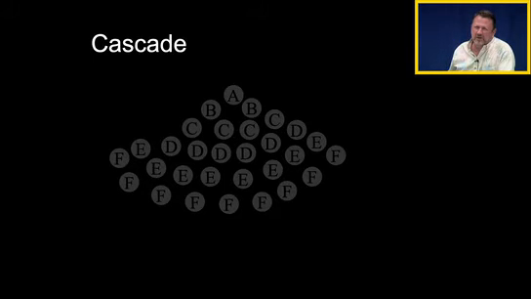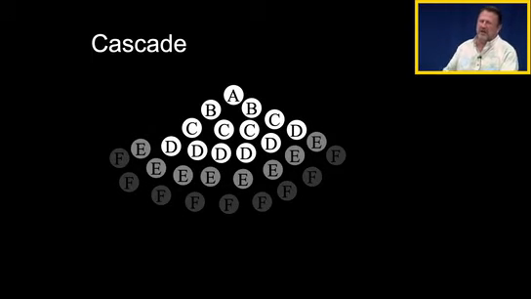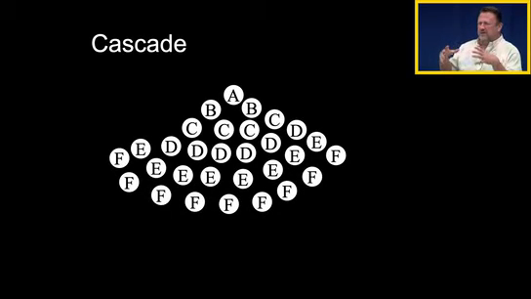What I'm trying to show you here is the first protein in the cascade will set off all sorts of next proteins in the cascade, which set off all sorts of next proteins in the cascade. And then the signal is essentially amplified. And so by activating one protein A, I can eventually activate countless protein Fs downstream.